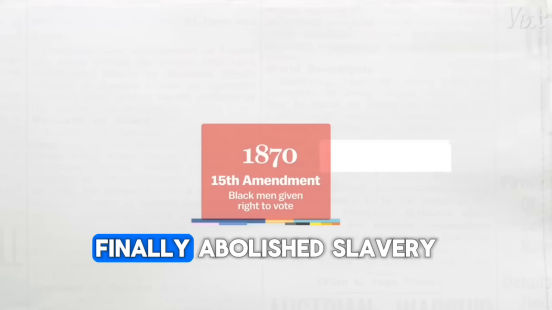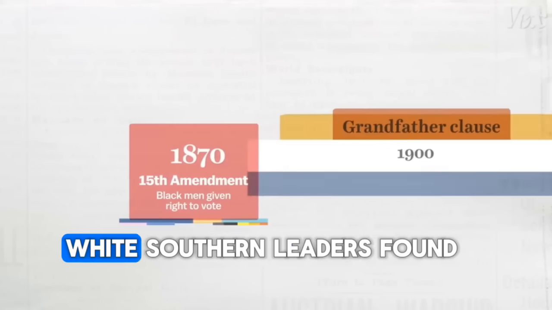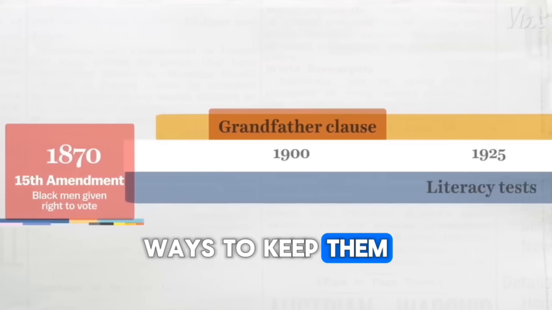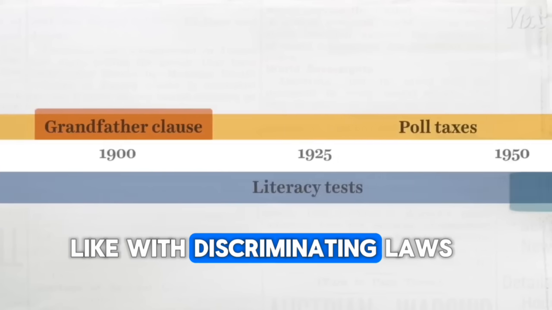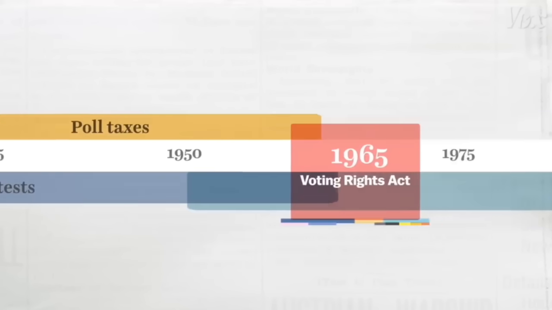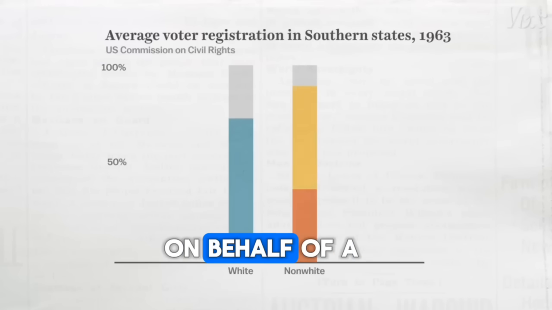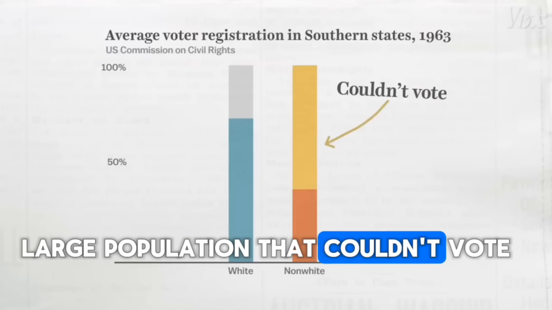Even after the U.S. finally abolished slavery and eventually gave Black Americans the right to vote, white Southern leaders found ways to keep them from voting, like with discriminating laws like poll taxes and acts of violence. This meant they continued to have overrepresentation in the Electoral College on behalf of a large population that couldn't vote.